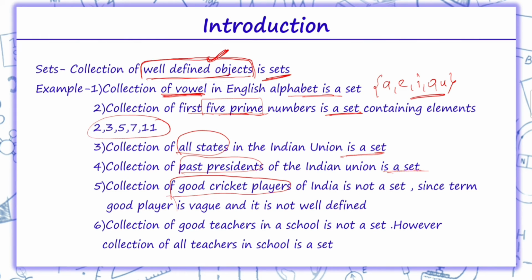Because good player is vague, it is changeable, it is not well defined, so therefore it is not a set. Collection of good teachers, again it is not a set. Why? Again, the term good teacher is vague, it is not well defined. But yes, if we say collection of all teachers in school, that is obviously a set.